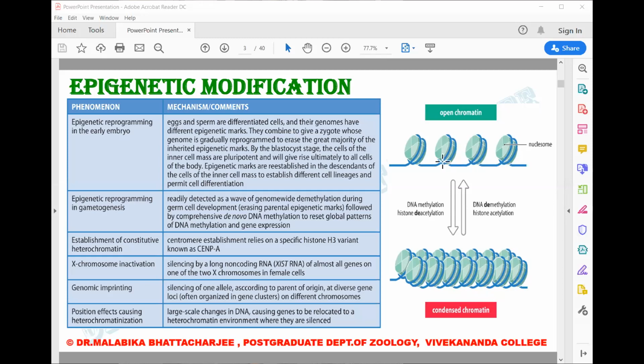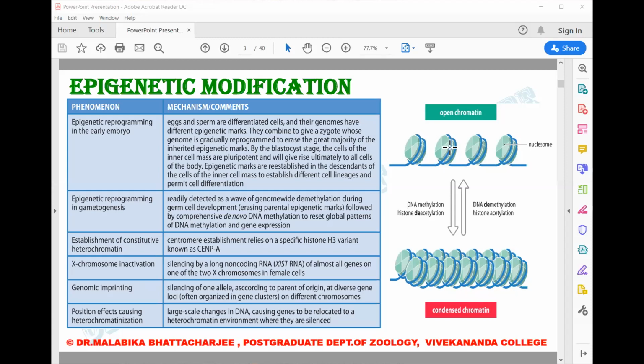is wrapped around the histone molecules. So when we talk about epigenetic modification, it includes the modification of the histone proteins and the DNA.